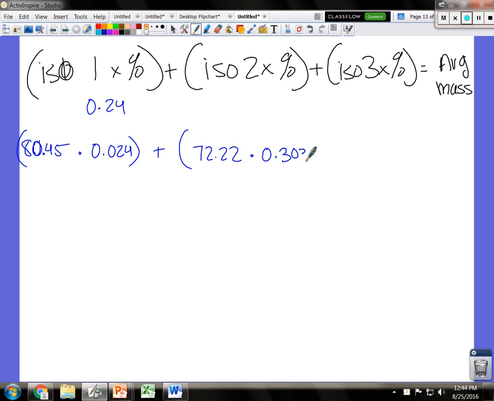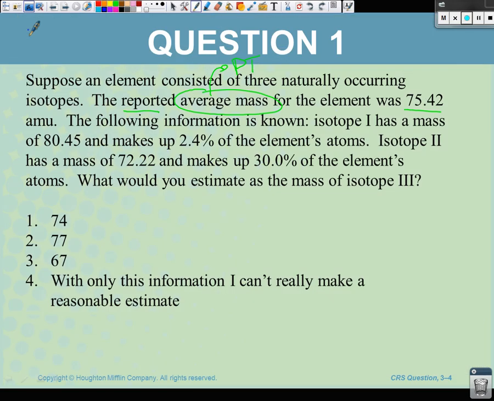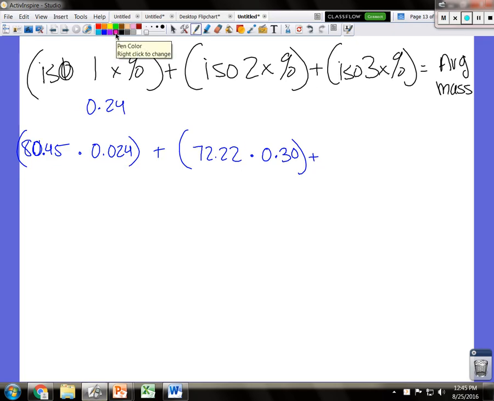So 30.3. Oh, I'm sorry, I thought you said 30.3. My bad. Then plus, and the question is, what would you estimate as the mass of isotope number 3? So would you agree that we're searching for that number right there?